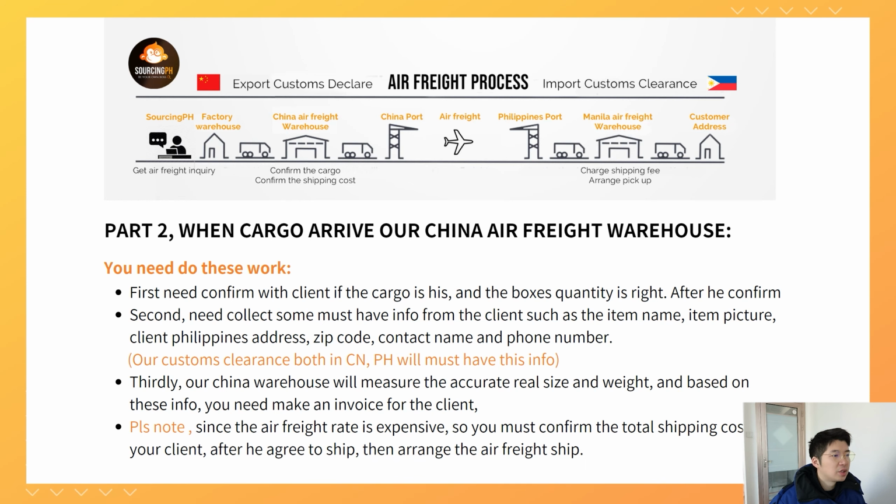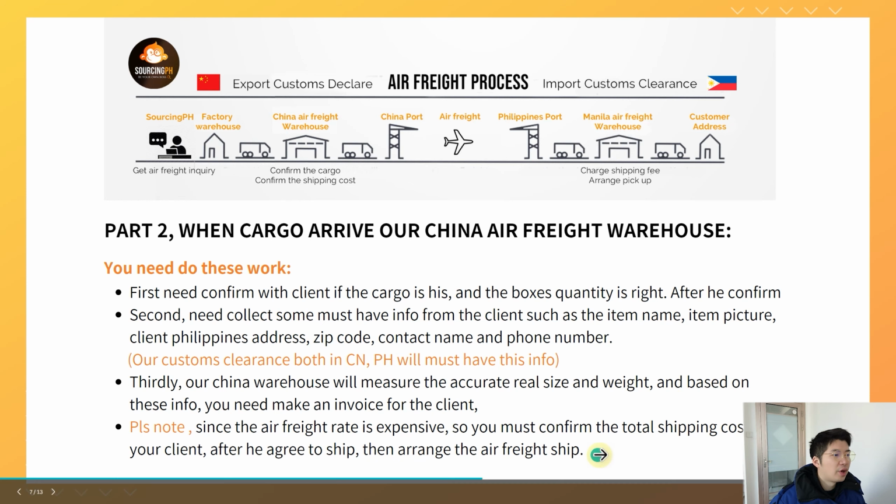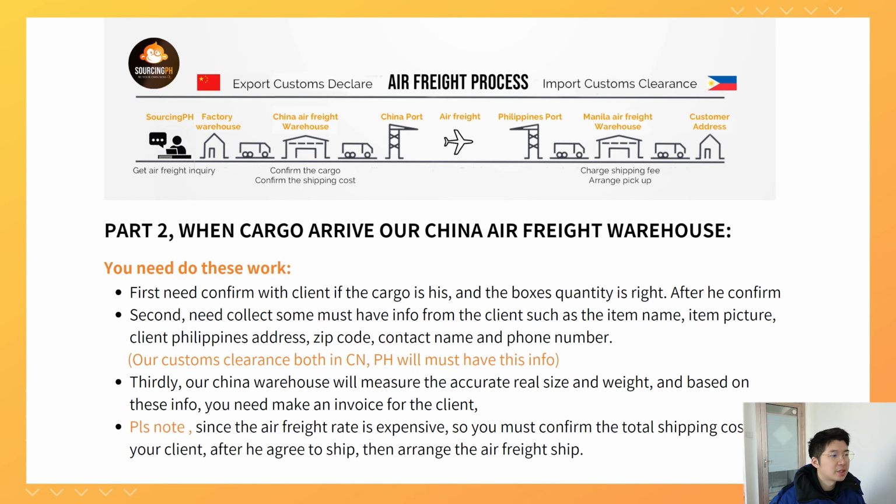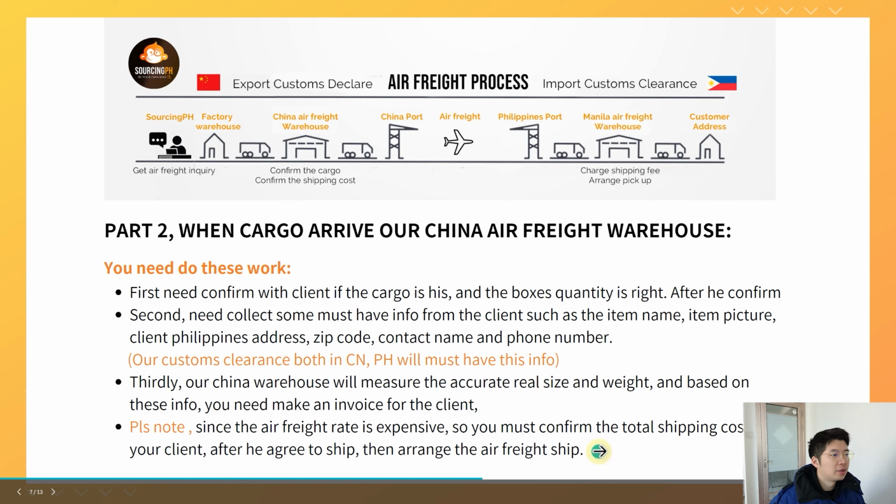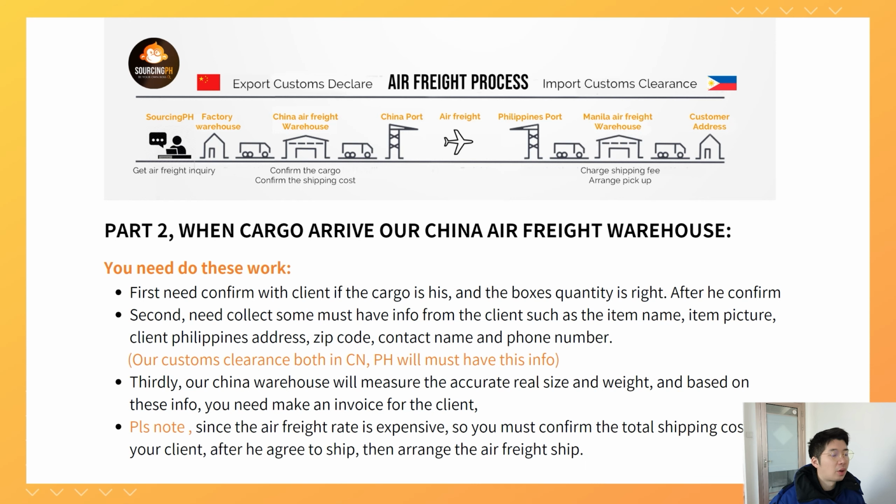There are situations where the air freight cost is even more expensive than the price he paid for the products. So if he doesn't agree to your price in advance, it may happen that after the cargo arrives in Manila, he refuses to pay the air freight rate.